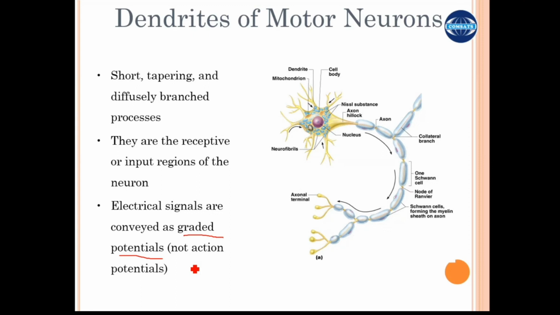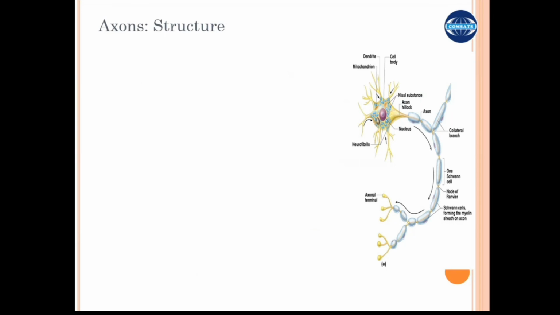These are the myelin sheath formed by the Schwann cells or oligodendrocytes. So the function of the axon is to generate and transmit the action potential, and then secrete the neurotransmitters, as I have already explained in the earlier slide.